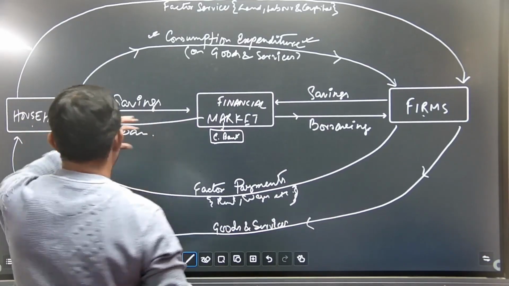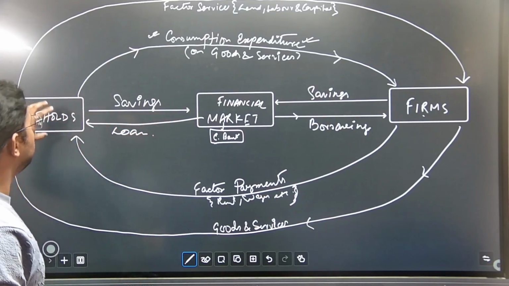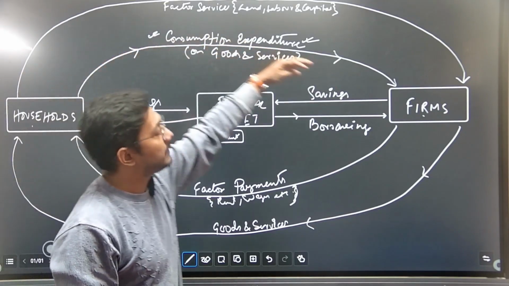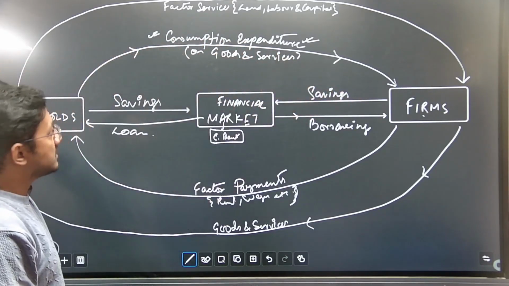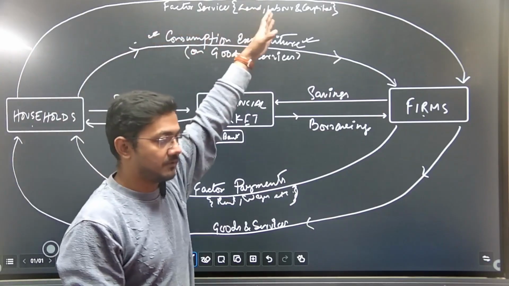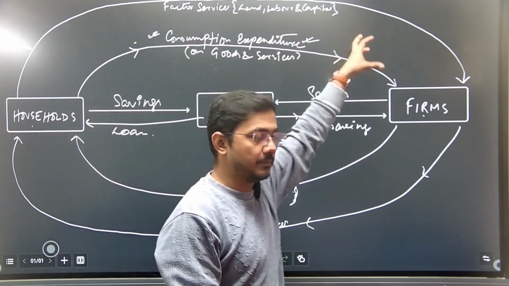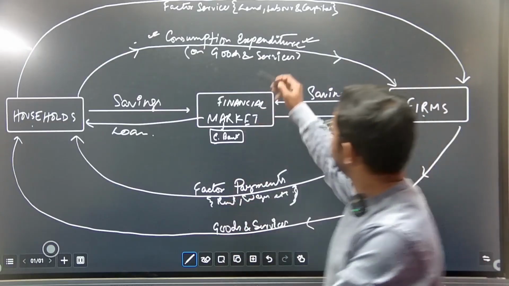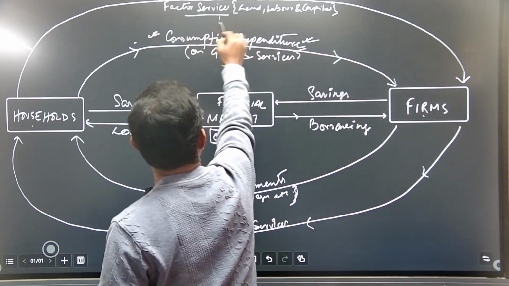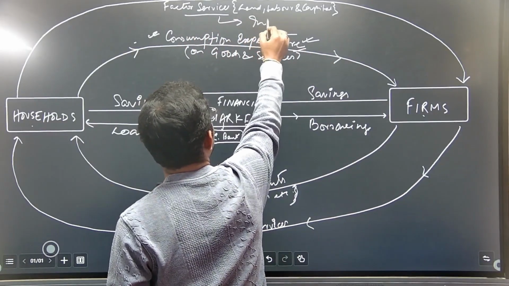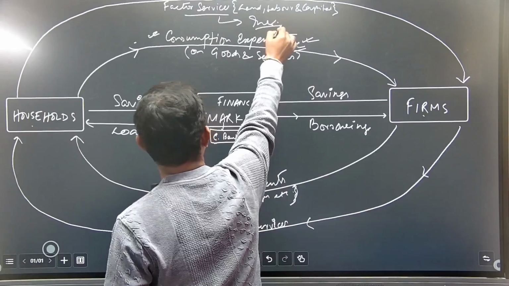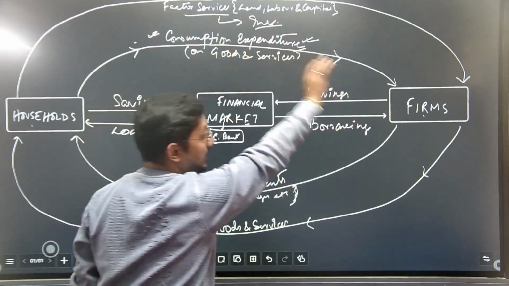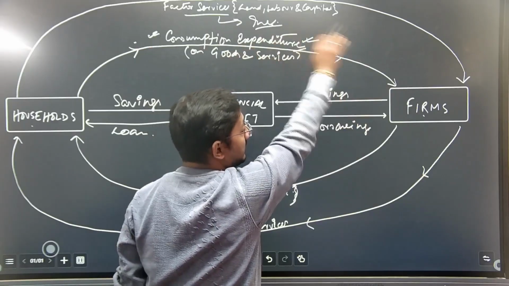So when the household gets a loan from a bank, the households again spend the money on consumption expenditure, or the household spends money on certain factor services like purchasing land, labor, or capital, or they are doing the investment. See, this is consumption expenditure and factor service. You can say it is investment expenditure also. Like they are giving their land, their labor, and their capital.